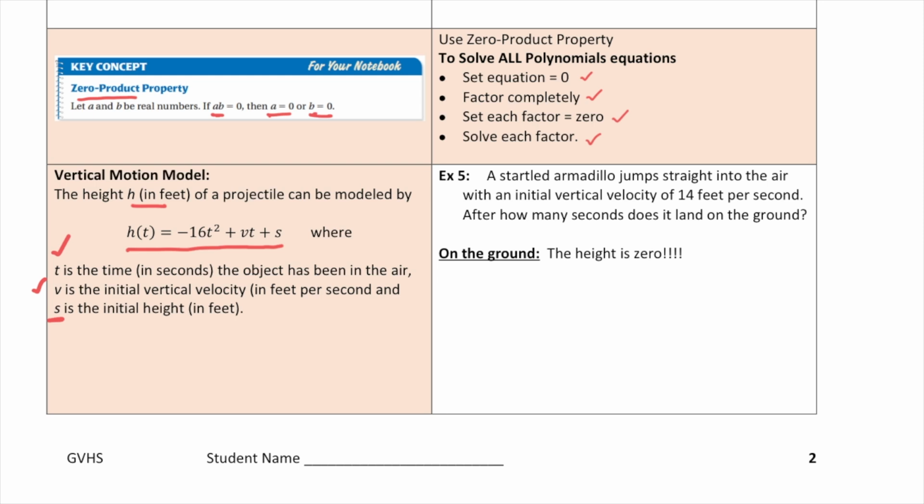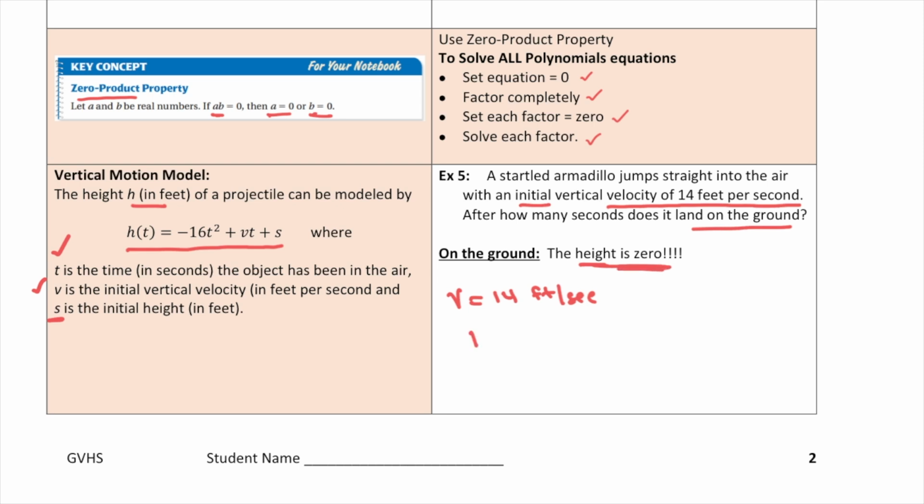So, a startled armadillo jumps straight into the air with an initial vertical velocity of 14 feet per second. So the v is 14 feet per second. How many seconds until it lands on the ground? Now hold on. The height on the ground is 0, so that's something to keep in mind.